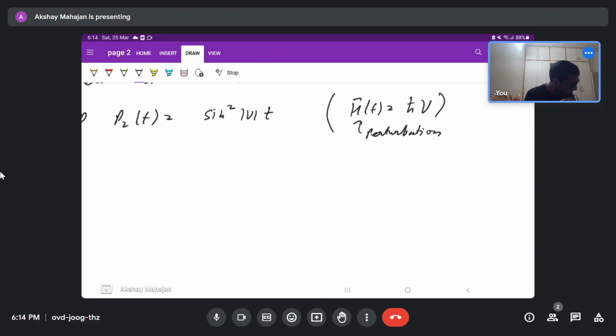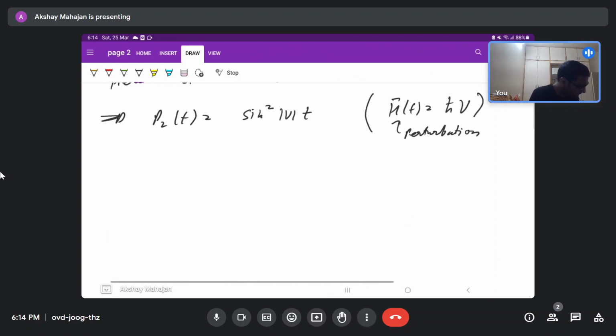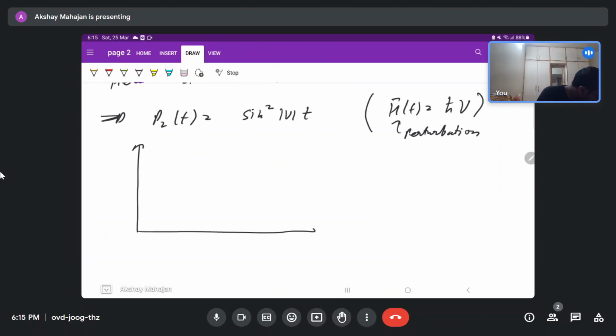Now from this equation, basically what this gives us is, if we have a time axis, we have 0 here, we have 1 here, and what we want is 1 at 0.5.